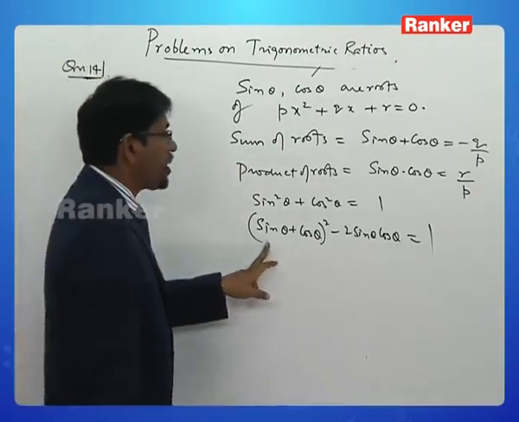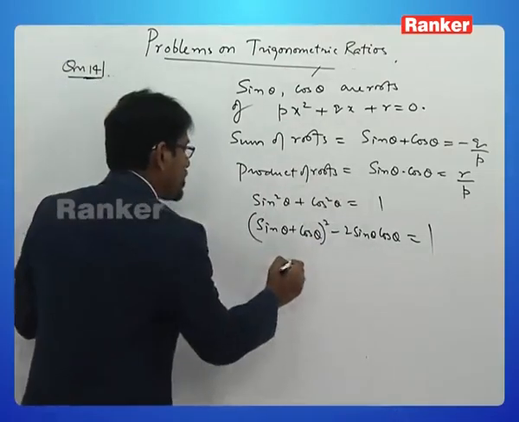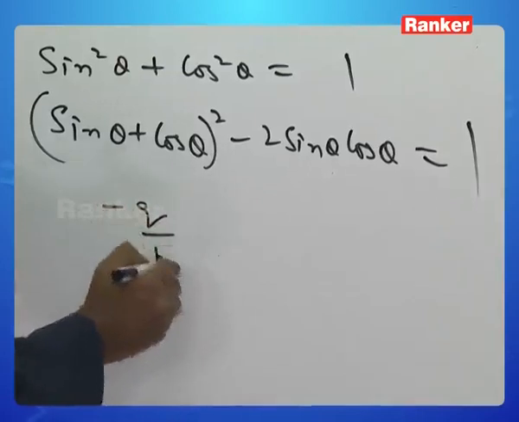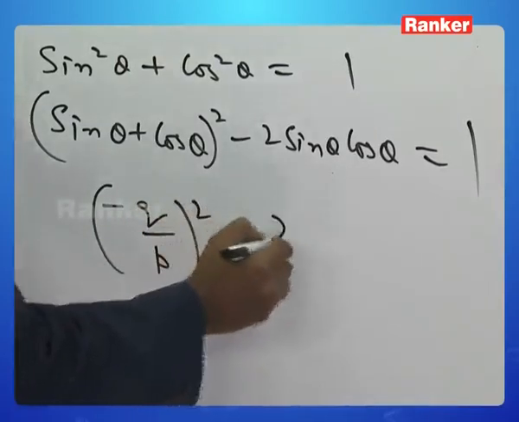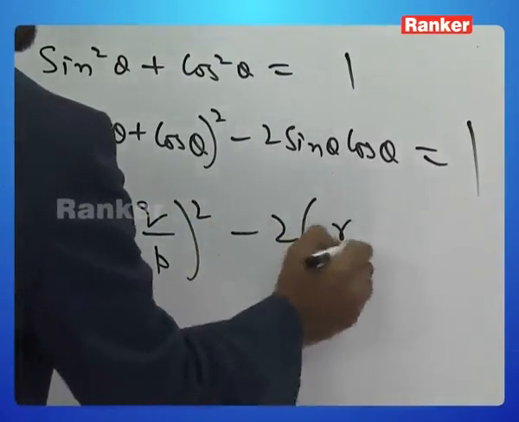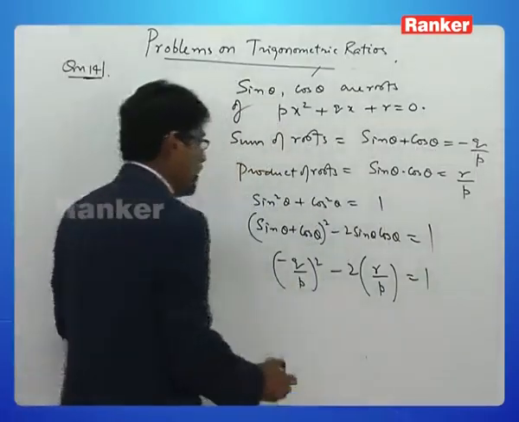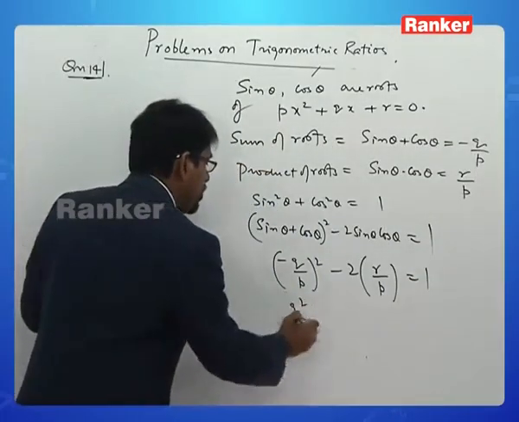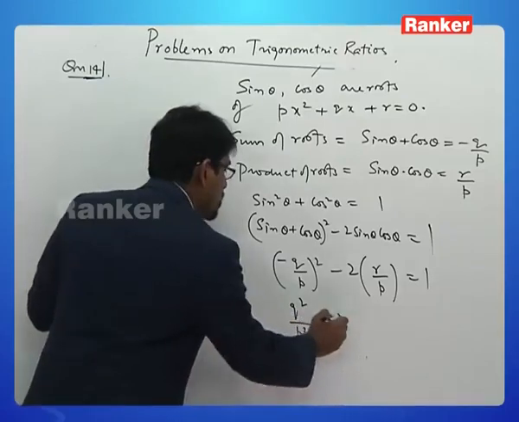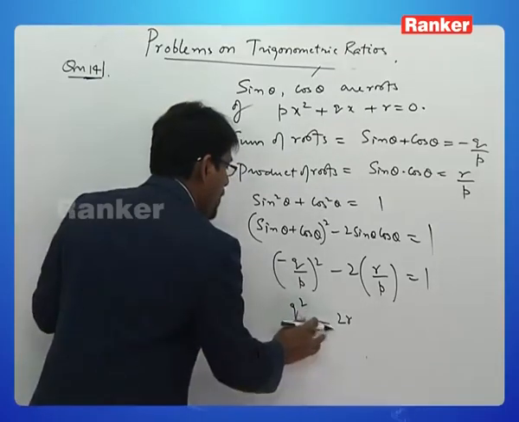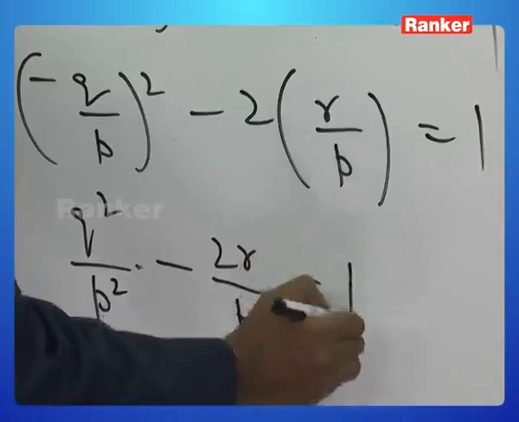But what is sin theta plus cos theta? Minus q by p. So that makes it (minus q by p) the whole square minus 2 into r by p is equal to 1. So that gives us q square by p square minus 2r by p is equal to 1.